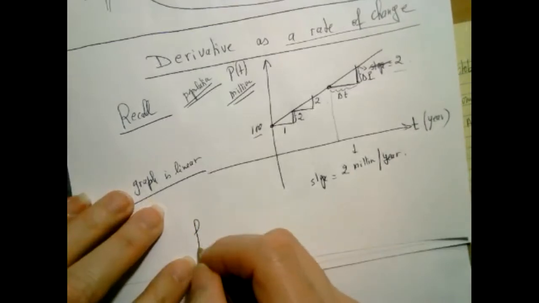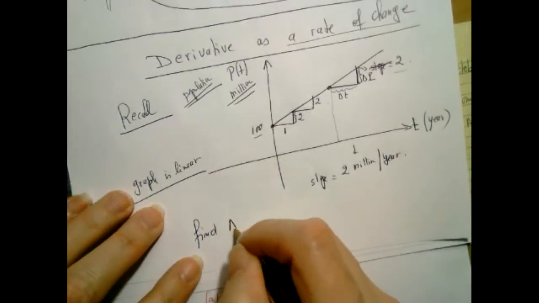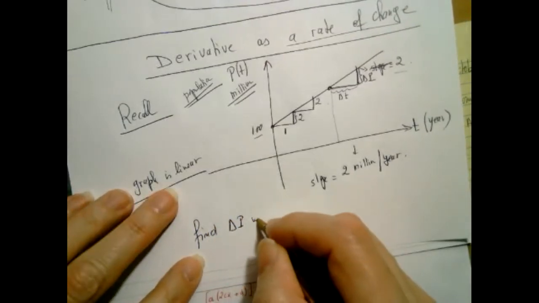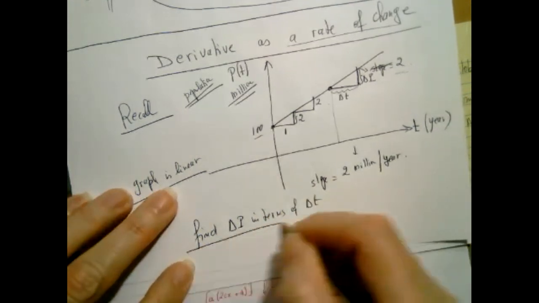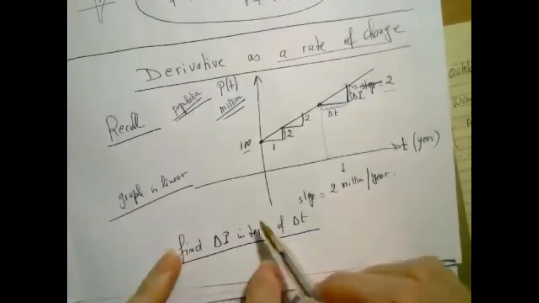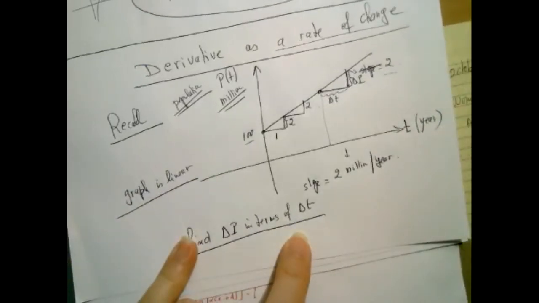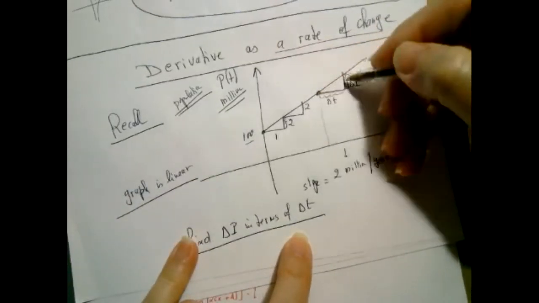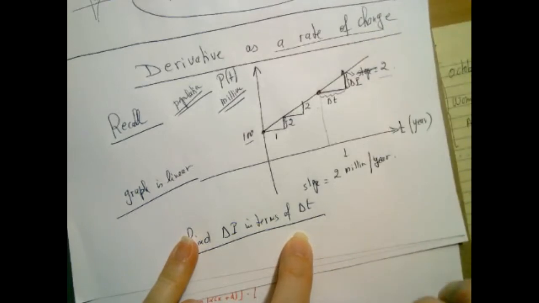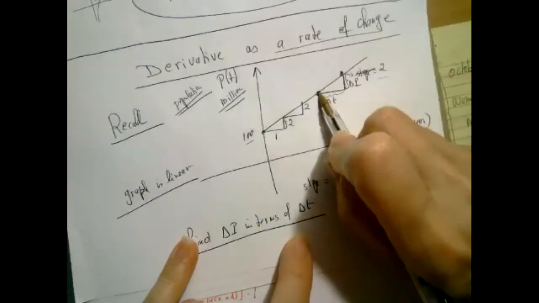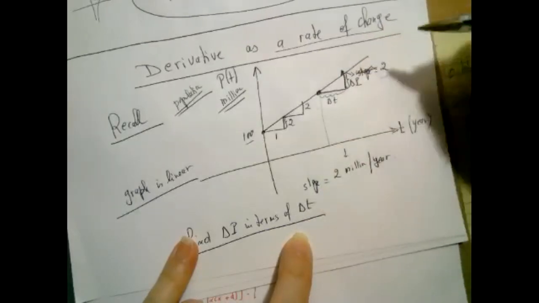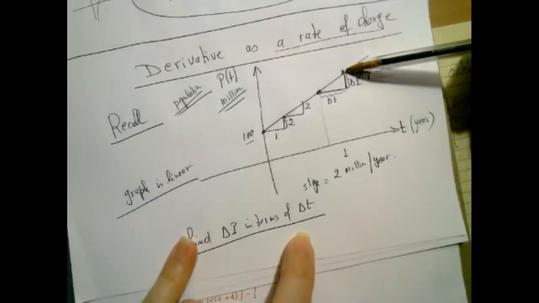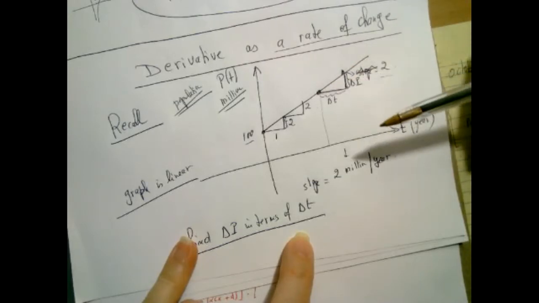My question is, find delta p, the change in population, in terms of the change in time. It means how fast is the population changing with time? So I took any 2 points on the graph. As time goes from here to here, the population is changing. Can you express the change in population in terms of the change in time?